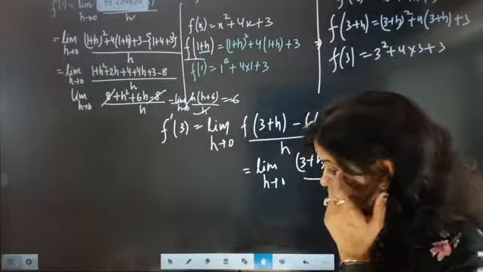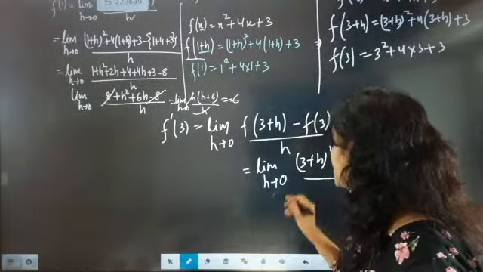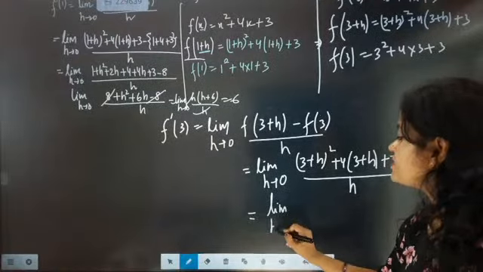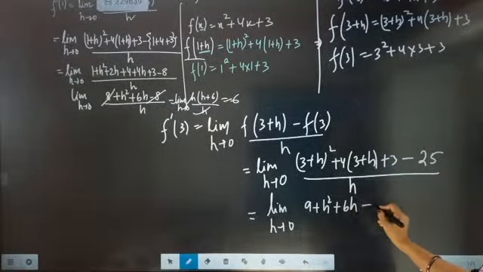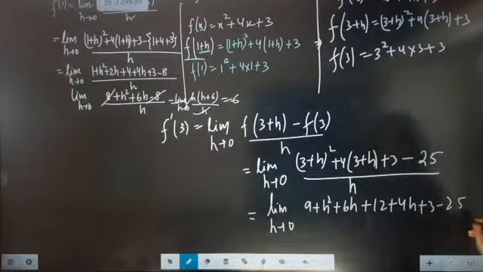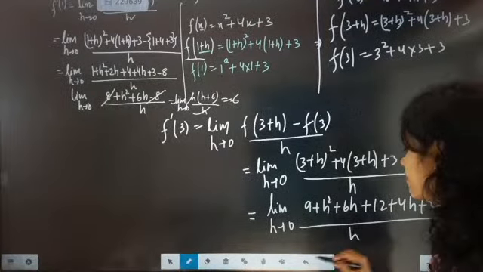So now we just substitute and check. What is the value? Gautam, Shreya, Saranya, Pooja, what is the answer going to be? So limit h tends to 0, 9 plus h square plus 6h plus 12 plus 4h plus 3 minus 25. Count this: 9 plus 12 is 21, plus 4 is 25, so 25 by h.